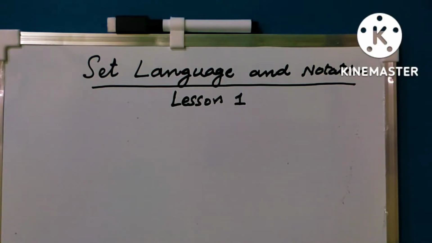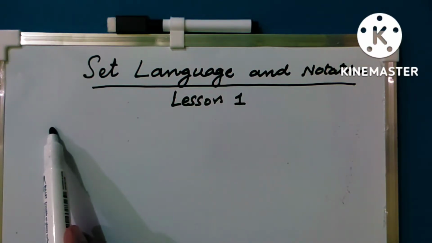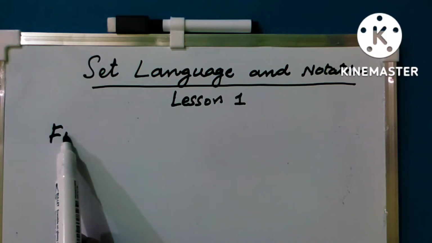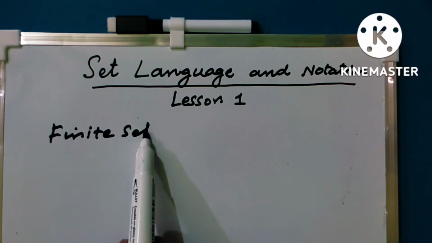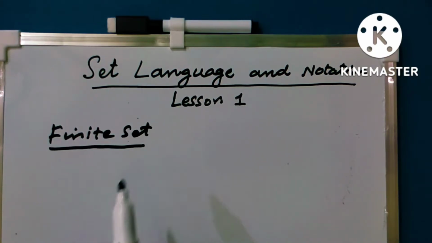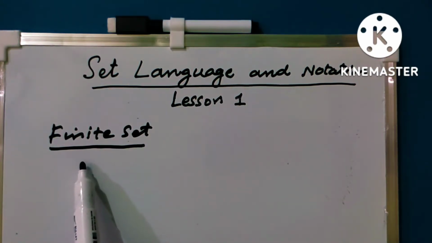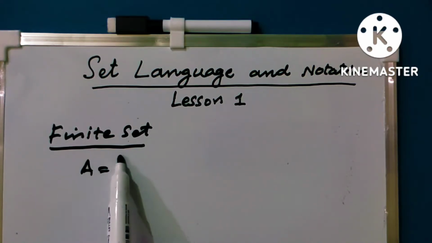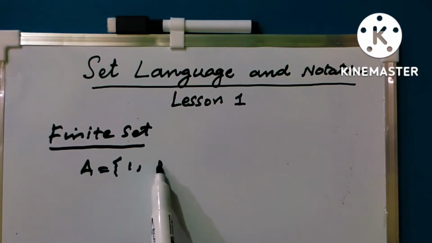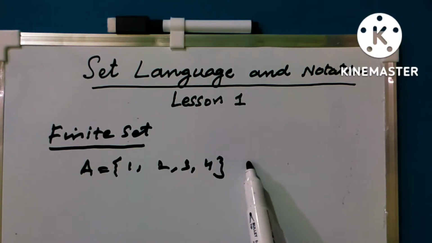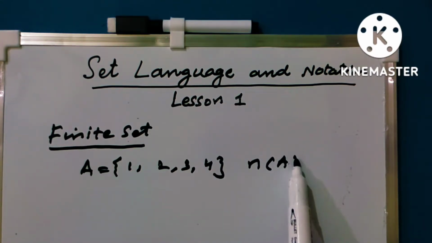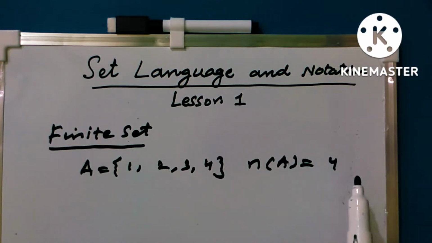Dear students, there are also more types of sets, just like finite set, that is having some elements just like 1, 2, 3, 4. So we can say that the number of elements of A are 4.